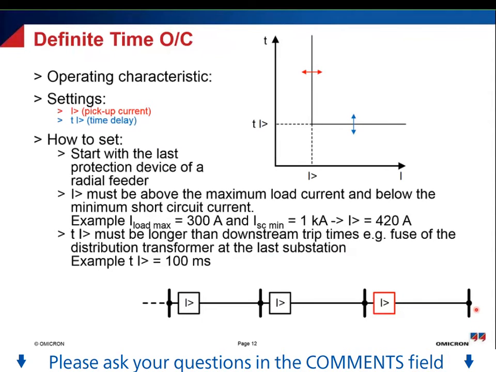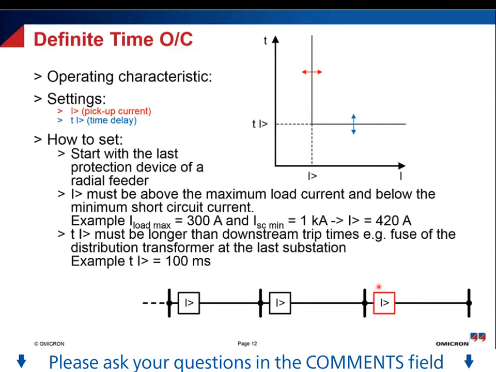In this case, I would, for example, say that the trip time of the protection device here is 100 milliseconds. So if there is a fault inside the distribution transformer or downstream in the low voltage network, only the fuse here trips and not the protection device here. This is made sure in our case with the setting of 100 milliseconds.